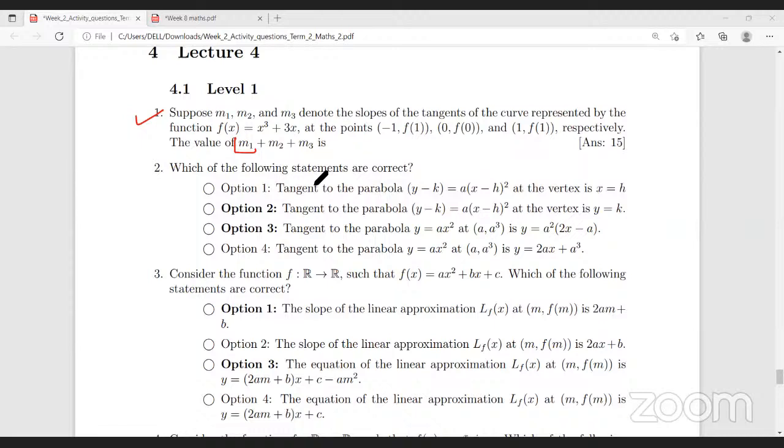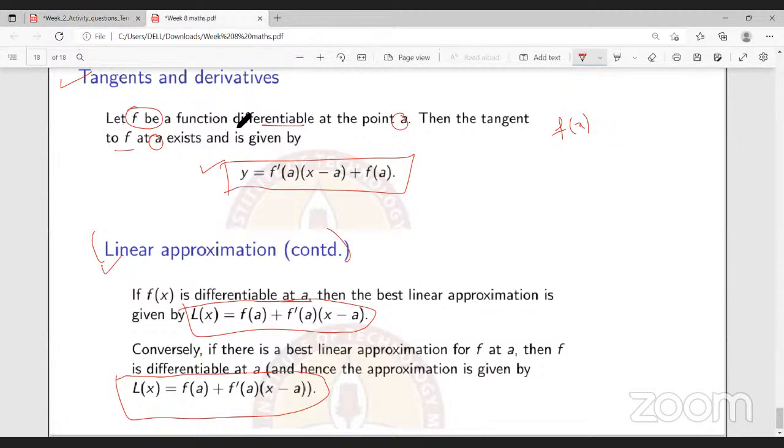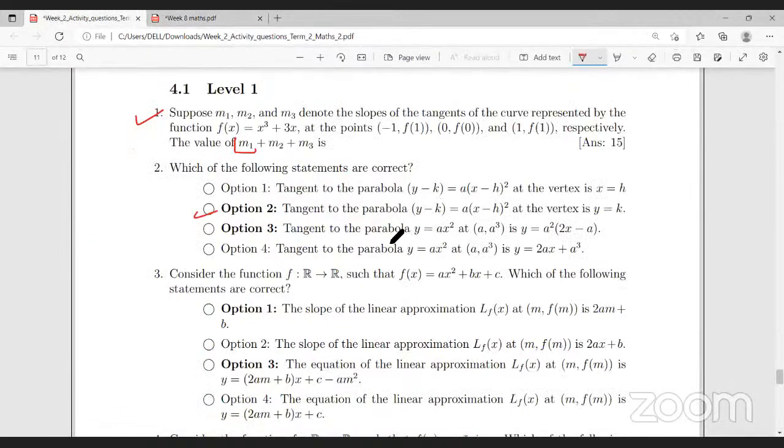Question number 2, option 2. The tangent to the parabola at the vertex is y equals k. So same thing. We are given the function is differentiable at point a. The tangent for f will be this, right? Just apply this. What is the vertex for this parabola?